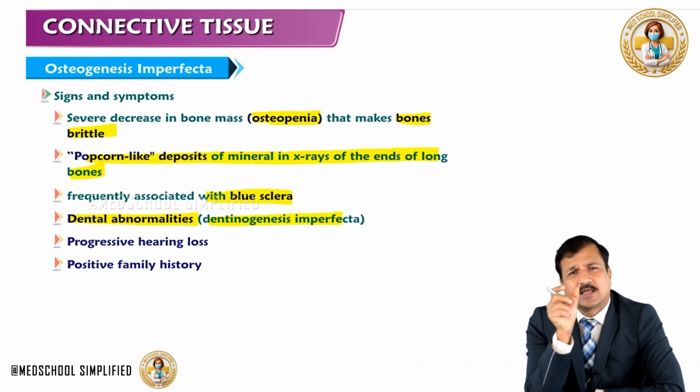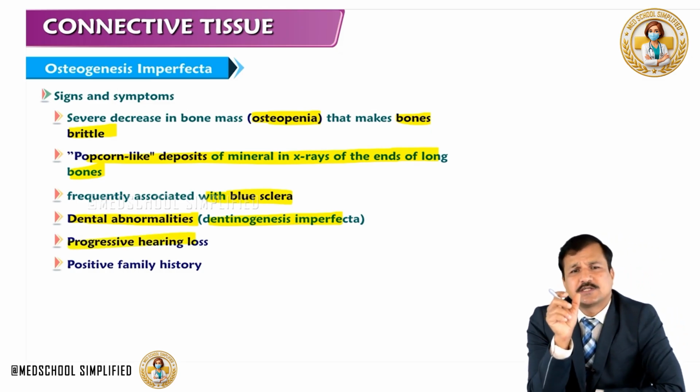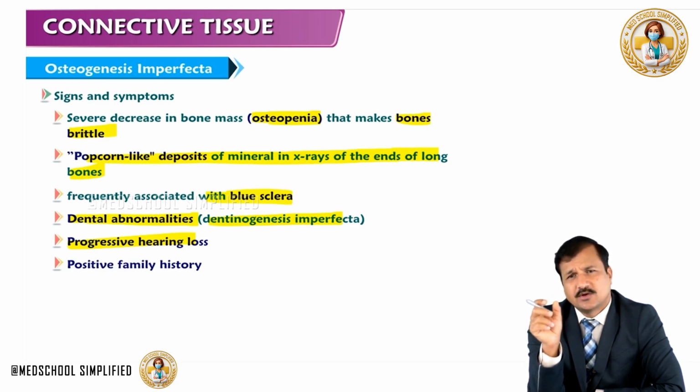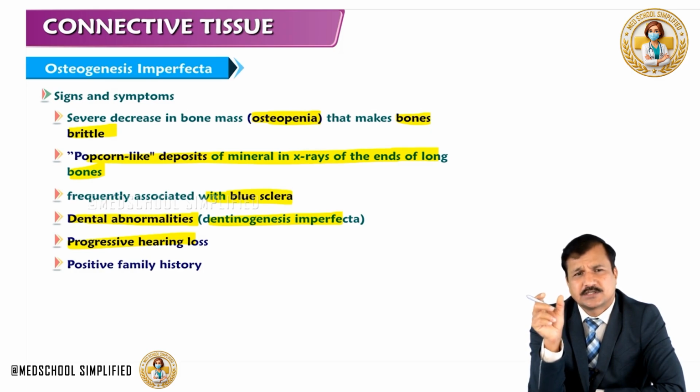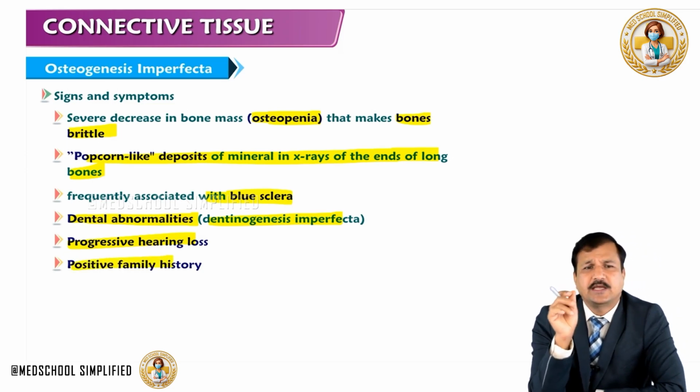That's why there will be changes in the dental composition, and that's the type of dental abnormality you see in osteogenesis imperfecta. Also, patients will show progressive hearing loss, and the loss can be conductive hearing loss or sensorineural hearing loss, or can be mixed, and it can vary in severity. Patients will also show a positive family history.